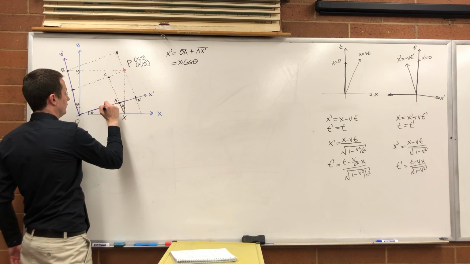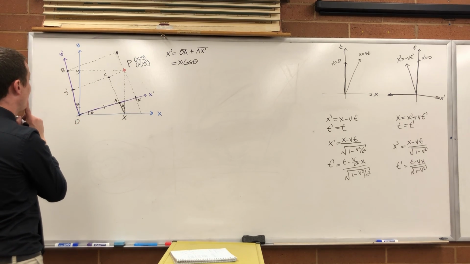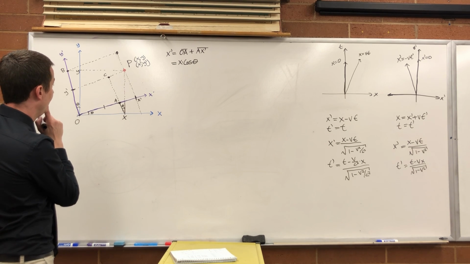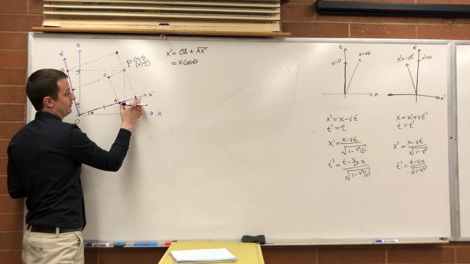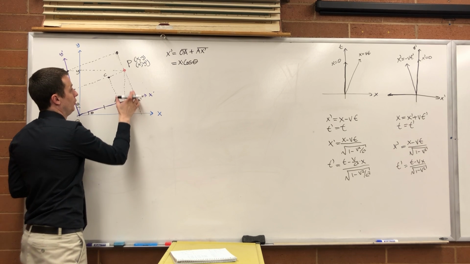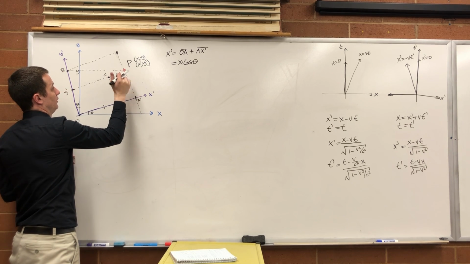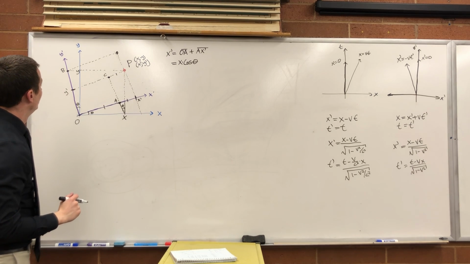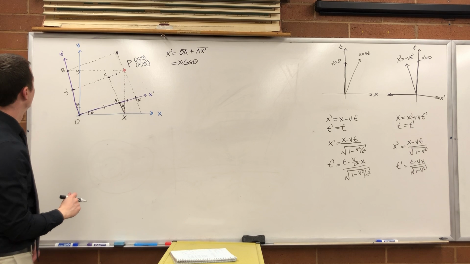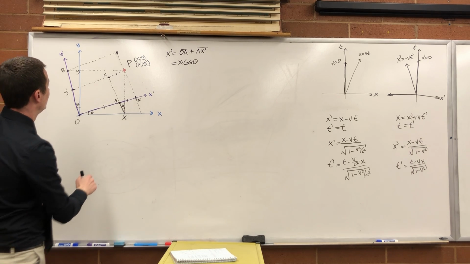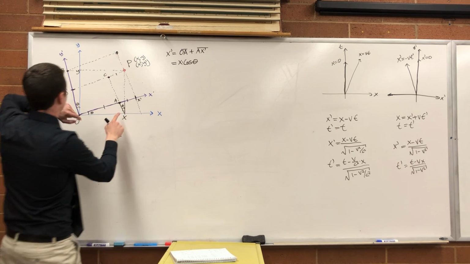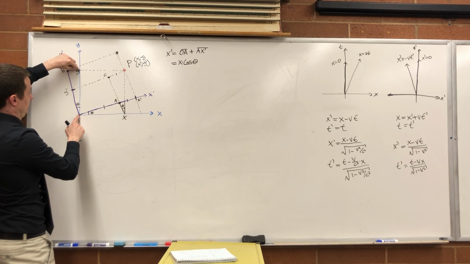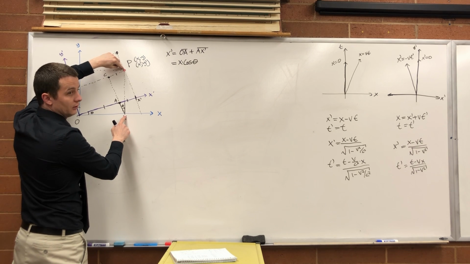So I get this distance. Now, I need this distance, right? Which is the same as this distance up here. That's the same as that. And that's y prime. I know this right here is y.